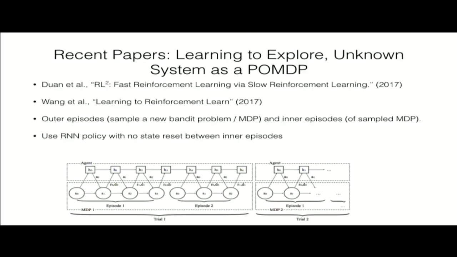And this policy receives the reward in addition to the observation and the actions, whereas usually when people use RNN policies, they don't pass in the reward. But here, by passing in the reward, you can ensure that it's actually identifying the system over the first few trials of the inner MDP.